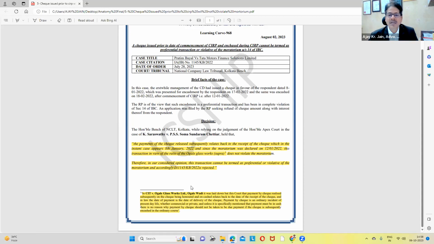Payment by check is an ordinary incident of present day life, whether commercial or private, and unless it is specifically mentioned that payment must be in cash, there is no reason why payment by check should not be taken to be due payment if the check is subsequently encashed in the ordinary course of business. So in the ordinary course of business, the check was issued and encashed subsequently. So this is not a violation of the moratorium. This order has been passed by the NCLT Kolkata.